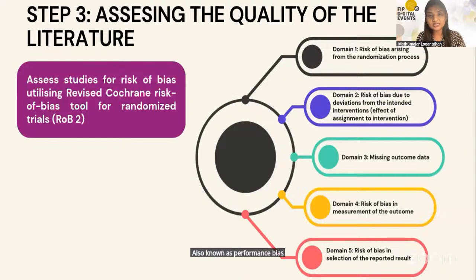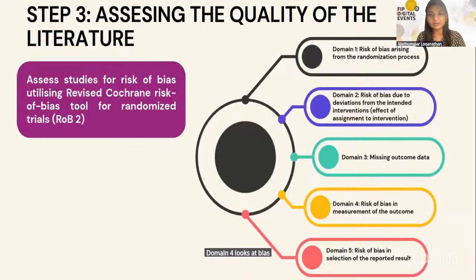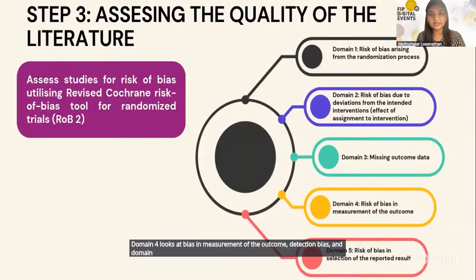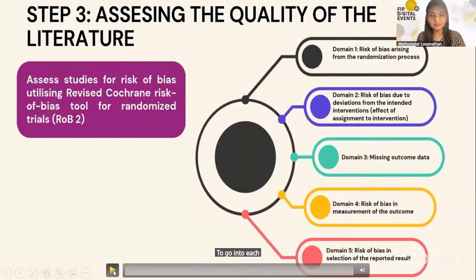Domain 3 looks at bias from missing outcome data, also known as attrition bias. Domain 4 looks at bias in measurement of the outcome, detection bias. And domain 5, bias in selection of the reported results, or selective reporting. To go into each in detail, let us have a look at the next screen.